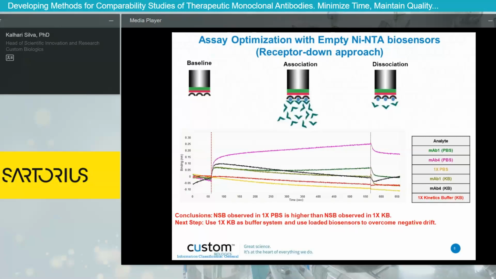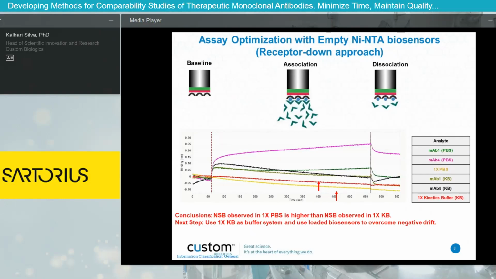You can see a positive BLI binding signal of MAB1 and MAB4 in the presence of PBS, but that is considerably lower when the analytes are in kinetics buffer. But you also see a negative drift of the signals in the presence of PBS or kinetics buffer, which we do not exactly know why. So we have to avoid this negative shift or negative drift.